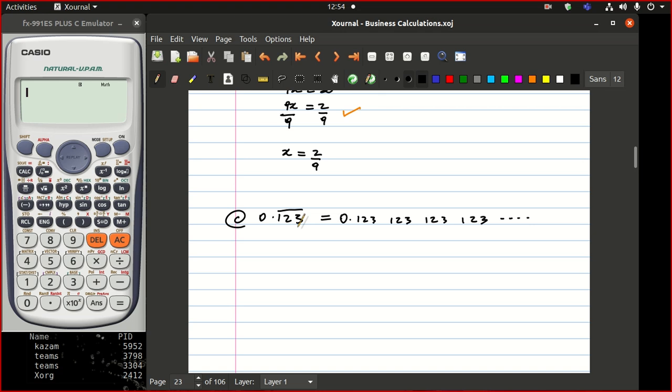So the only thing that you need to do here to rewrite this as a fraction, you just need to say let x equal to 0.123, 123, 123, 123, and then have some dots there, and these dots here are supposed to be 3. We have 1, 2, 3, not 4 or 5. So we're having these nice things here.